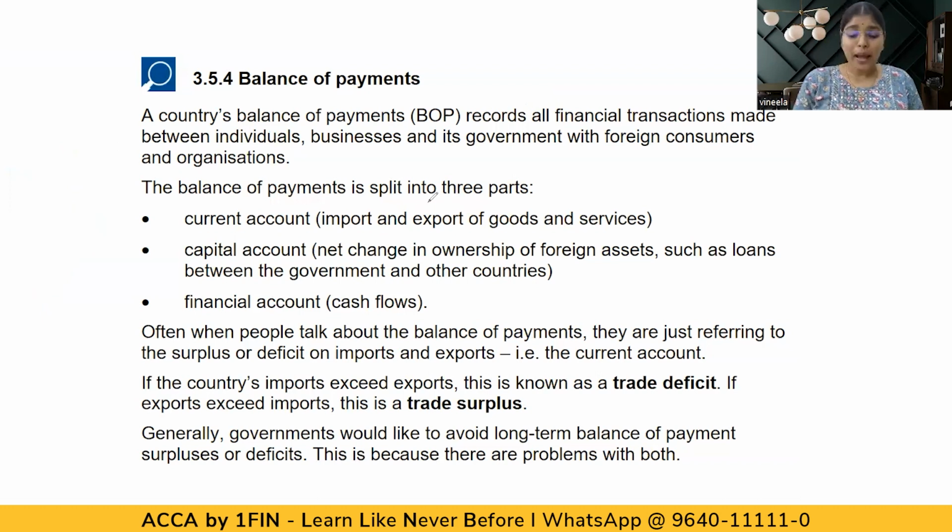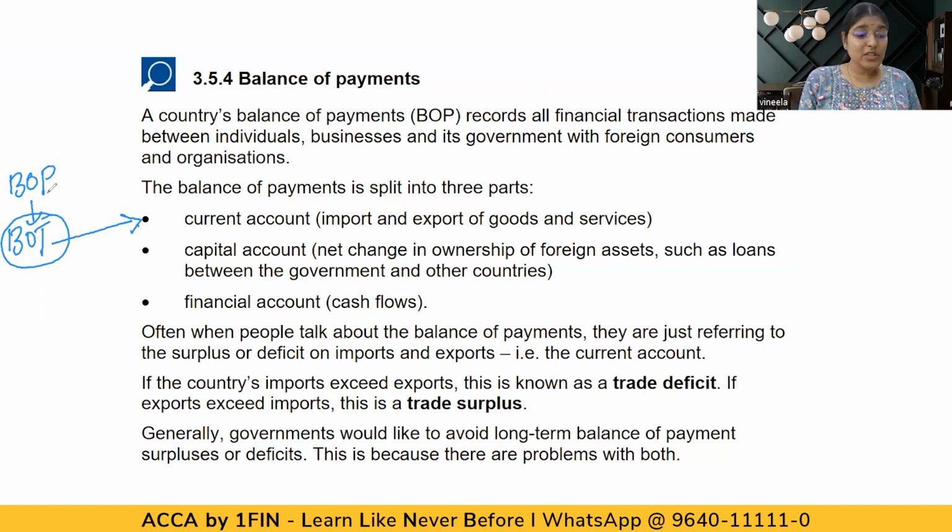So, ma'am, what is this balance of trade then? Okay, fine. You said that balance of payments is not balance of trade. So what is balance of trade? Balance of trade is nothing but your current account, which is a part of your balance of payments. So understand, balance of trade is a part of balance of payments. Balance of payments is a bigger concept compared to balance of trade.